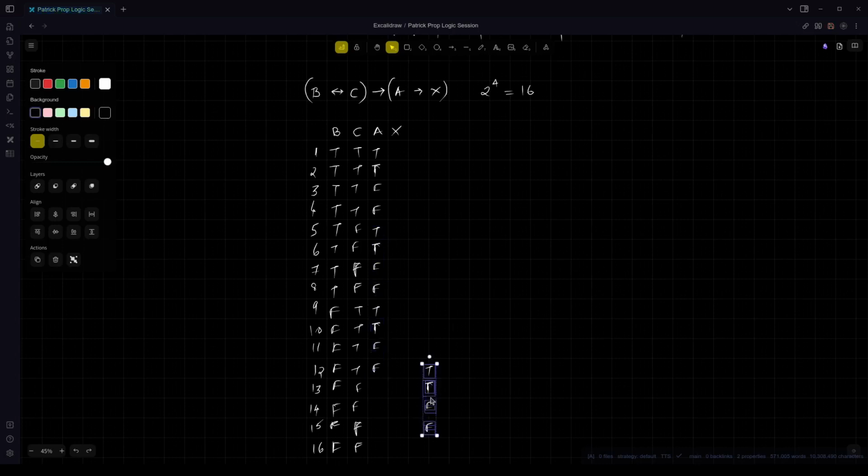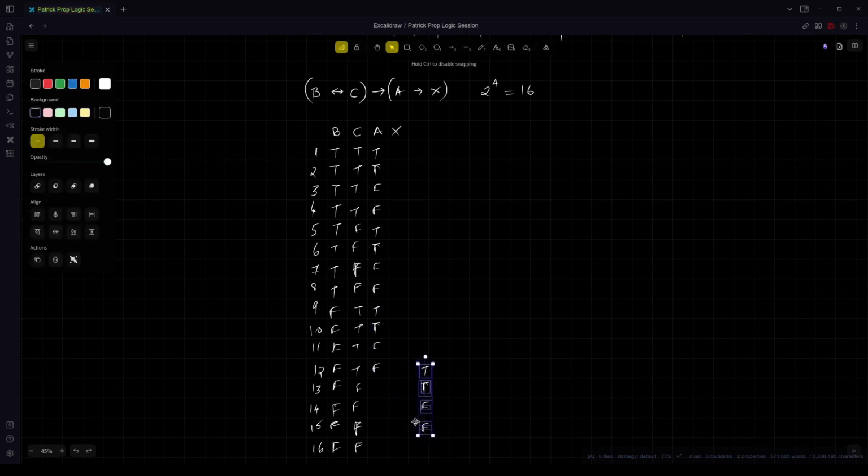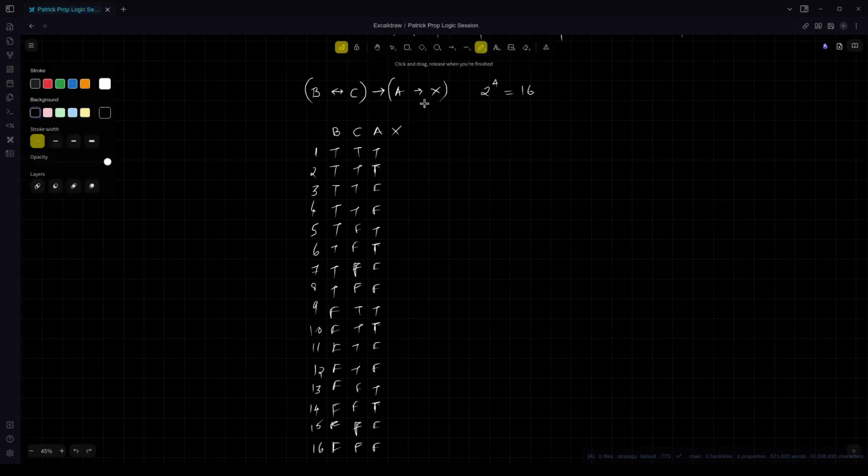Yeah, it's a bit cumbersome. That's why everybody hates truth tables. Then the last one is going to be alternating, the T F. I think that's going to be faster.